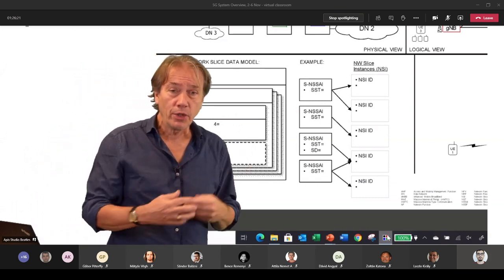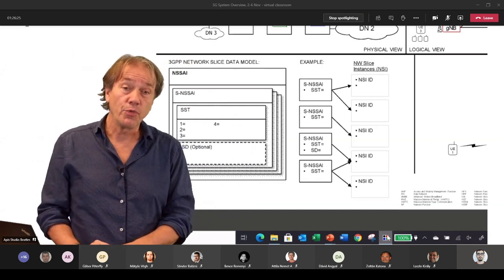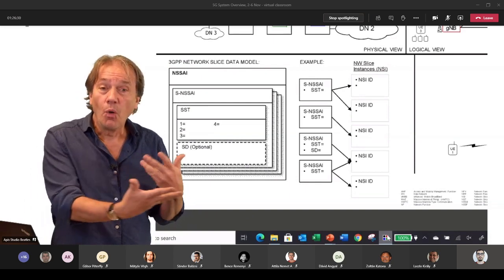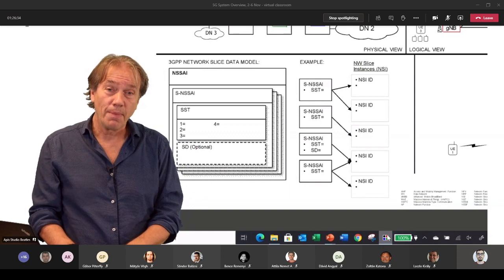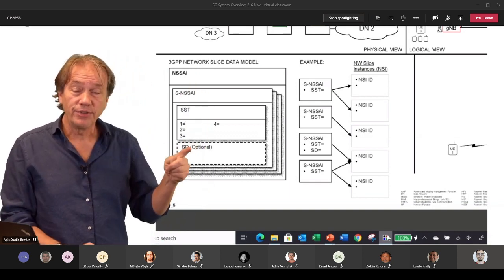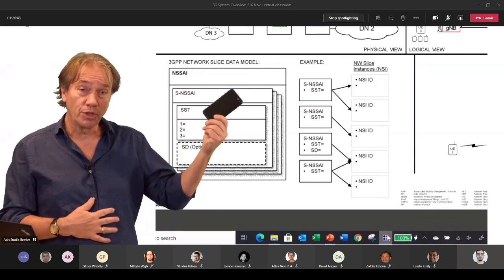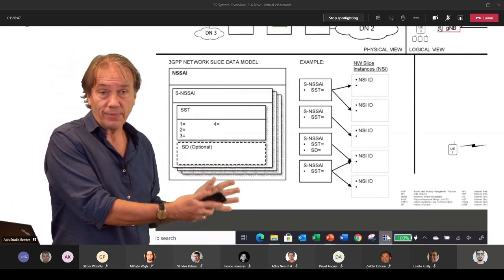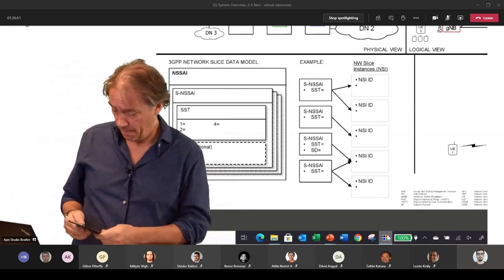You normally did not book room 704 or 243 because you don't know what the rooms are called. You don't know what the numbers are, but you can request a certain type of room. And this is basically the same idea. The user equipment will tell what type of slice it wants to belong to, and then the network will put it inside the right slice instance, which is the correct word for it.